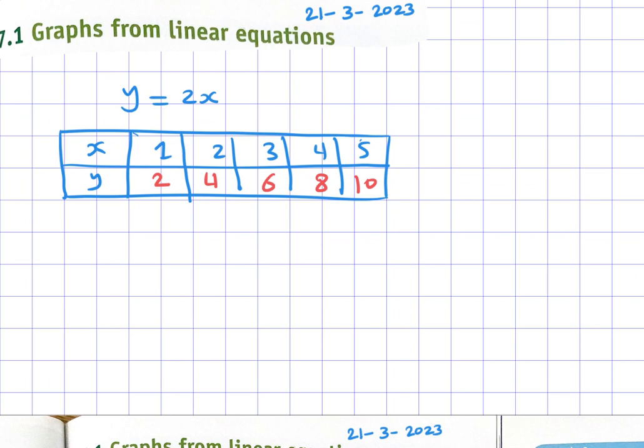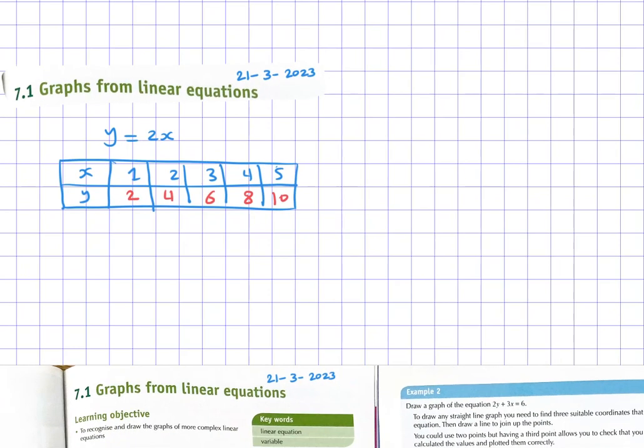Draw the x-axis with your ruler. Because x and y are positive, we can draw the first quadrant only. You don't need to draw all the quadrants.